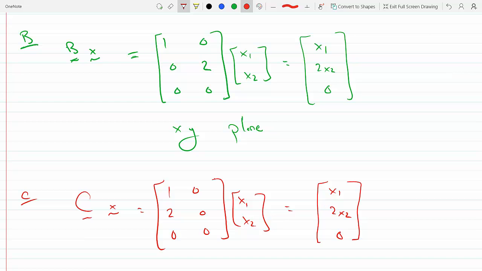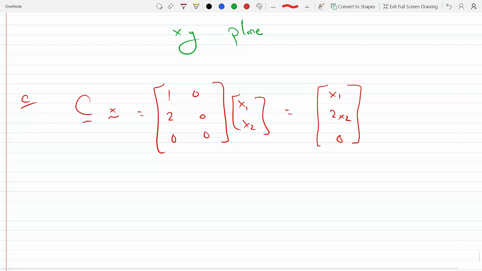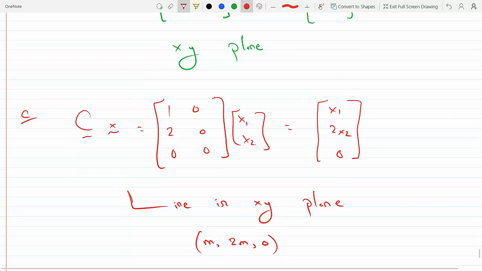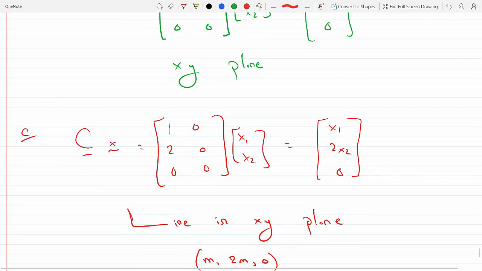Because if C is 0, you get 1 2 0. So basically this is a line in the xy plane. So it contains all the vectors, let's say m, 2m, 0. That does it.